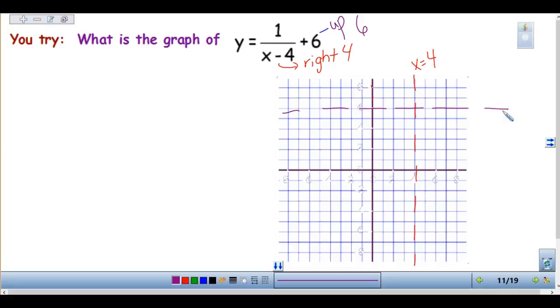You'll be happy to know, I'm not going to ask you those, because it is more work. Okay, so now we have our asymptotes. Our new asymptotes are going to be x equals 4 and y equals 6. Do you agree this is all 6 for y?